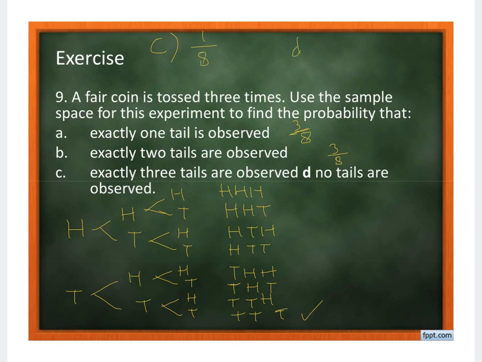For letter D, no tail observed, so only 1, so 1 over 8 also.